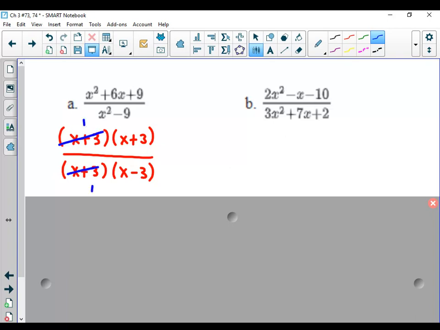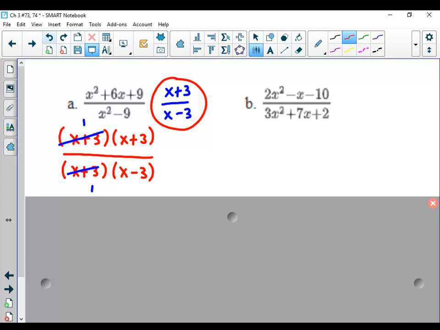And so my simplified answer for this would be x plus 3 over x minus 3. Which means I can cancel the x's, right? And I can cancel the 3's. No, you can't do that. Keep trying, but won't. That would be our simplified answer, okay?